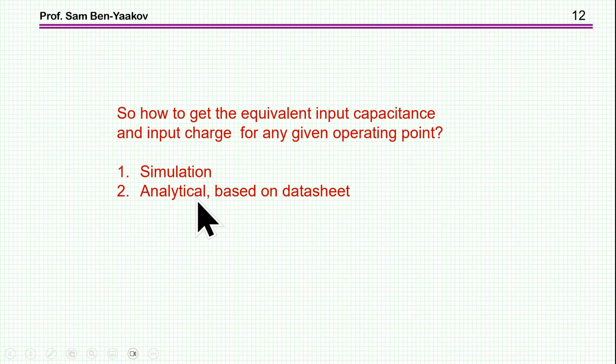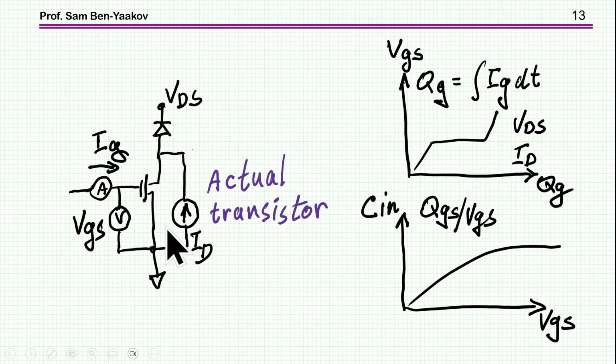Of course, if the model is very bad, very approximate, then it's useless. But today, most of the models are pretty good and you can rely on them, and therefore I highly recommend using simulation. Nonetheless, I'm going to hint how you would go about doing an analytical calculation. What has to be done is really to take the model of the actual transistor you're going to use, subject it to some signal, do some measurement and get the information that you need.